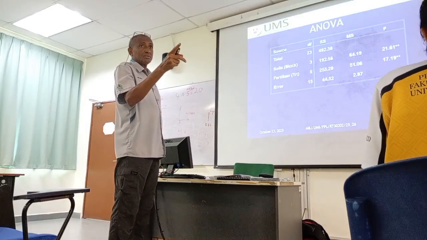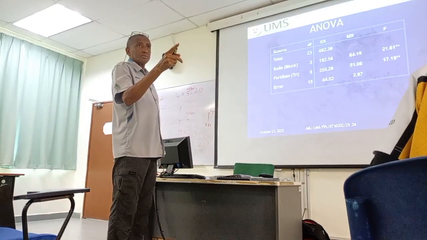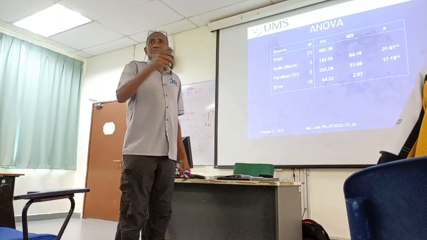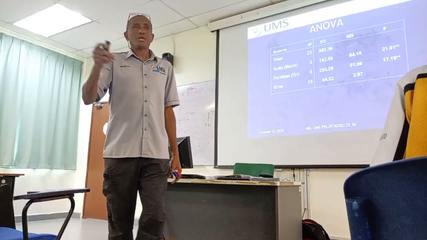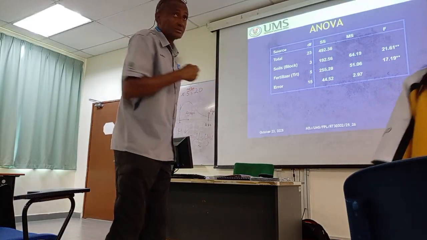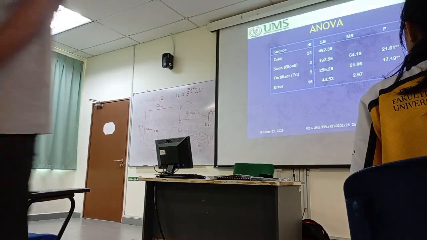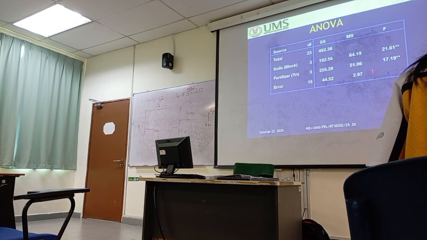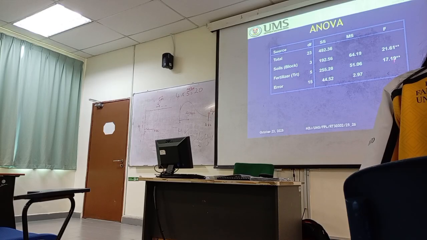Choose somebody. Ira? Okay. How do you get this answer? 17.19. How do you get it? Everybody try it. How do we get this answer? 17.19.